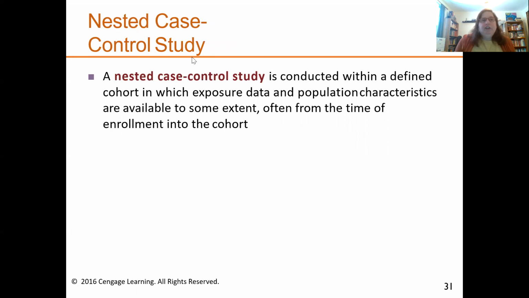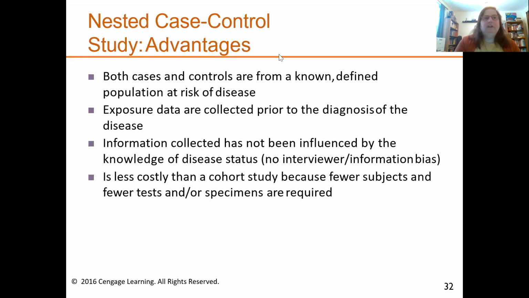Nested case control study. Now, this is conducted within a defined cohort in which exposure data and the population characteristics are available to some extent, often from the time of enrollment into the cohort. Okay, so let's talk through this a little bit more.